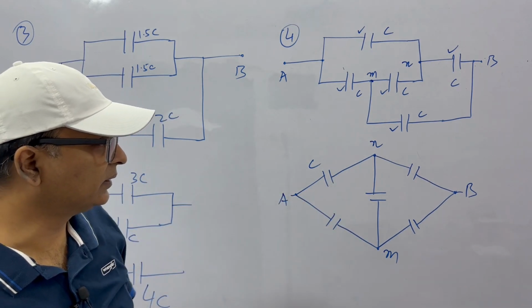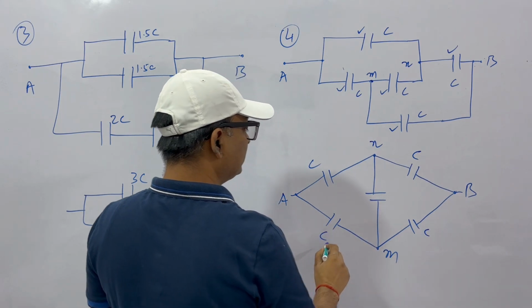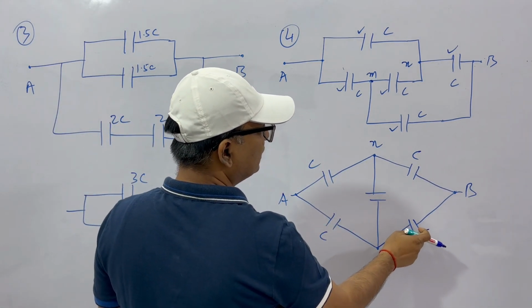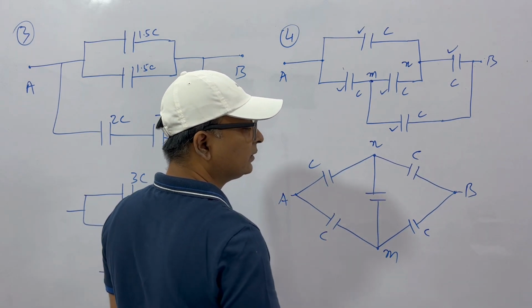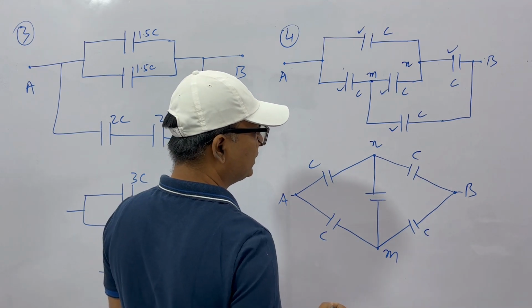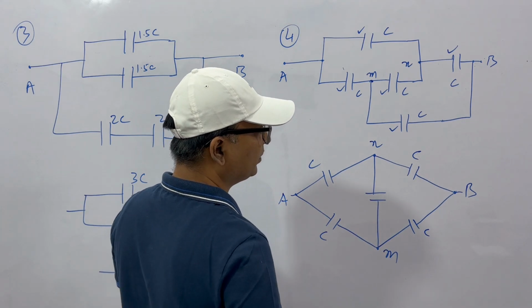This is the combination. Now you must have heard of Wien bridge. In a Wien bridge, if this by this ratio is equal to this by this ratio, then current doesn't enter this capacitor, or whatever impedance you have, a resistor or capacitor or whatever impedance you have. So current won't enter this capacitor.